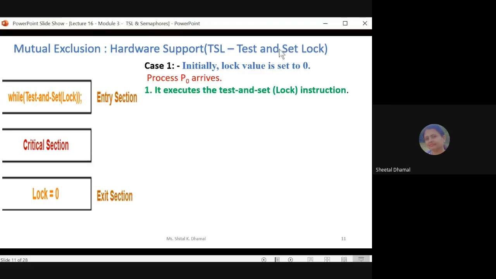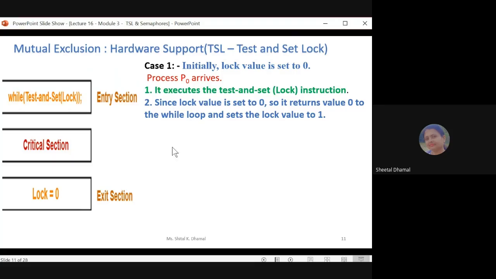So now here we are implementing this algorithm, to see how mutual exclusion is achieved by using the test and set lock algorithm. So it executes the test and set lock instruction. It will execute this while loop, and here it will check the value of the lock. Initially the value of the lock is equal to 0.